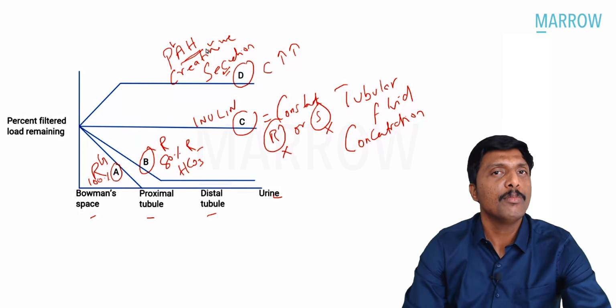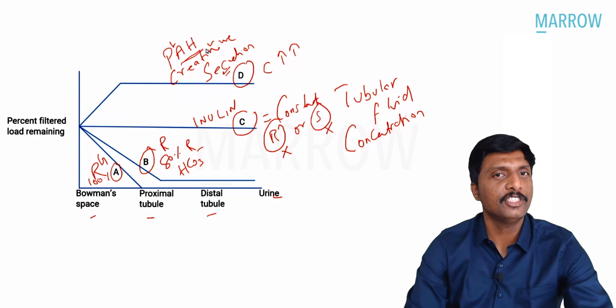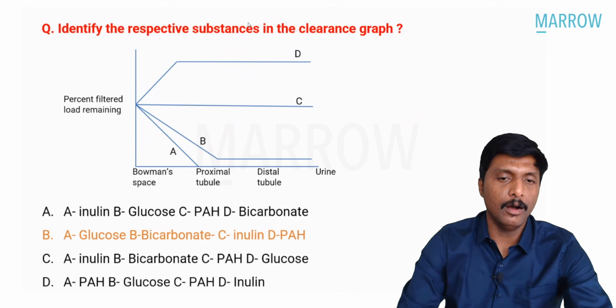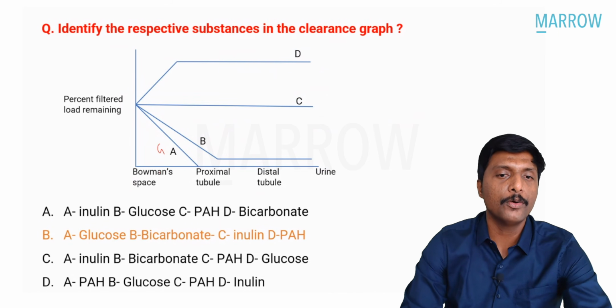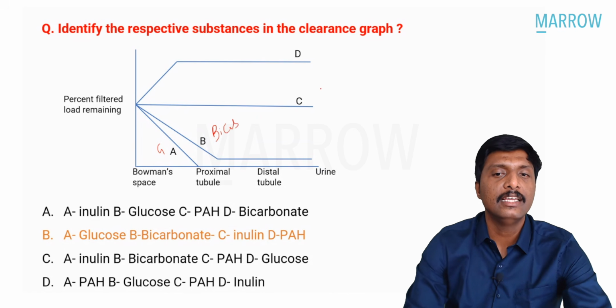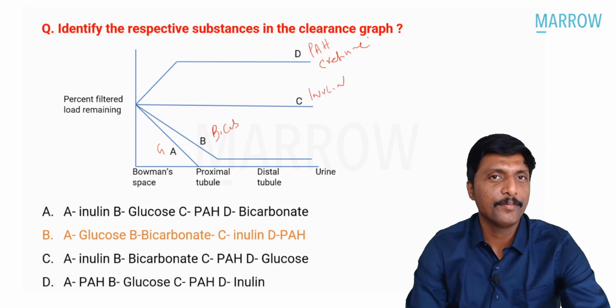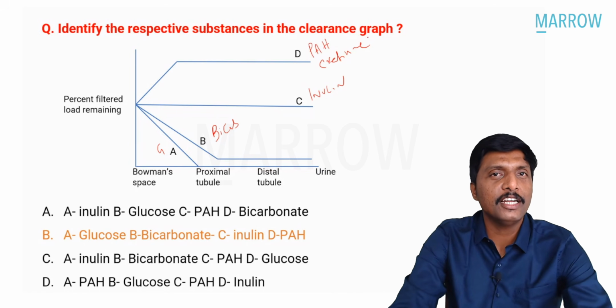It is about the tubular fluid and the concentration of substances in it. Now look into the question, guys. Obviously, A is glucose, B is bicarb, C is the constant we all have, inulin, and D is para-aminohippuric acid. Also remember creatinine. Very important graph, surely it will repeat.